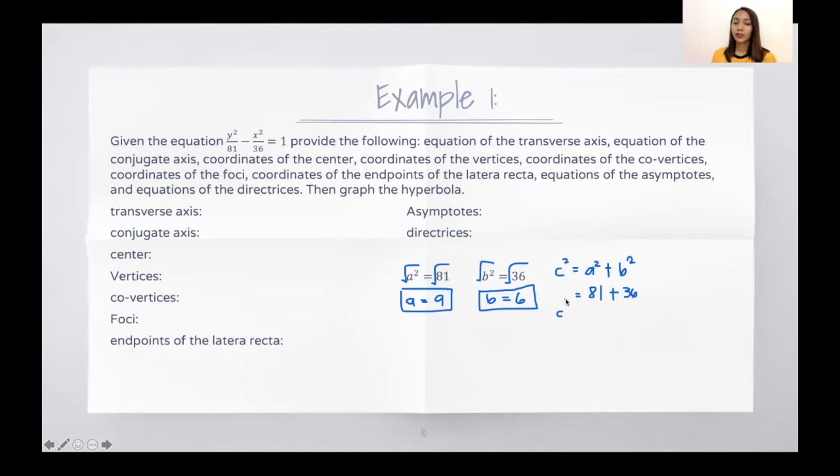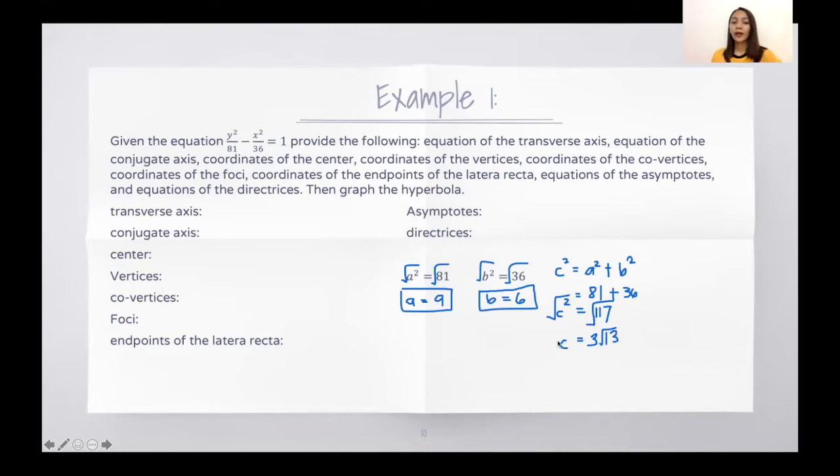So c squared is equal to 117. To find the value of c, we just take the square root. So c is equal to the square root of 117, which is 3 times the square root of 13.